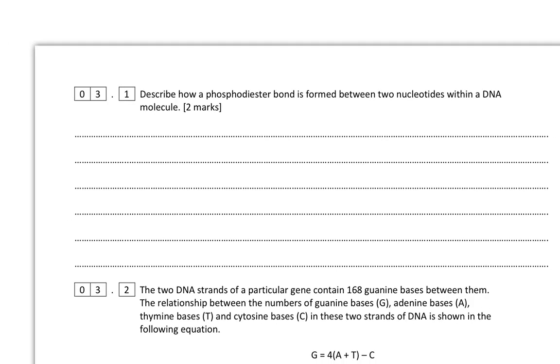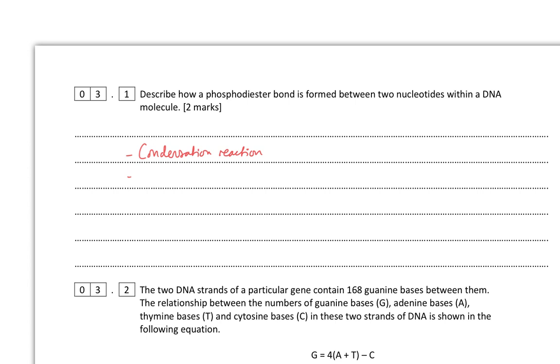Number 3, which is a bit of repetition, sorry: describe how a phosphodiester bond is formed between two nucleotides. So it's a condensation reaction again, between the sugar and the phosphate.